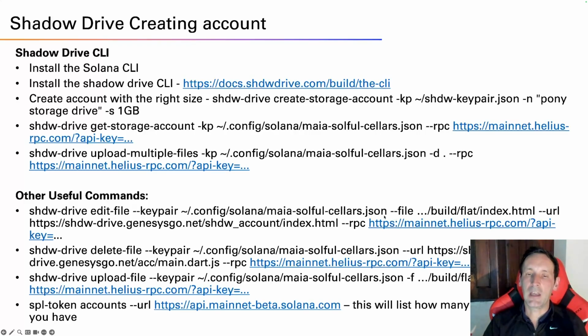So I was saying, please replace this file here, in this Shadow account, which is the long string associated with your account when you create the account with Shadow Drive. This is basically saying, please replace the file index.html in this address with this local file that I have here, using this RPC.